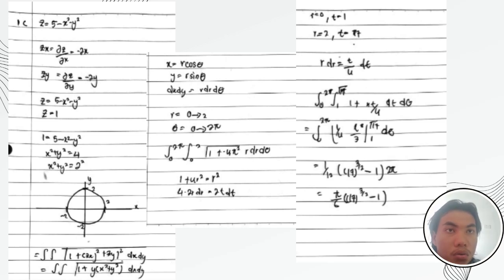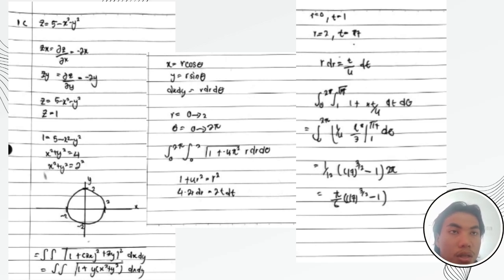For our paraboloid, z equal to 5 minus x squared minus y squared, we first compute the partial derivatives: del z over del x equals negative 2x, and del z over del y equals negative 2y. Then we substitute into the surface area formula.